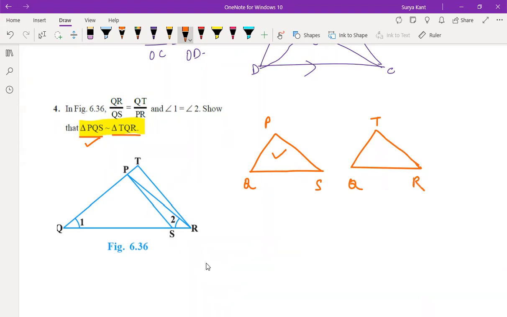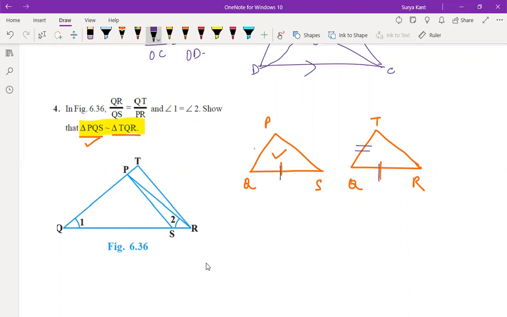QR by QS is equal to QT by PR. So PR is not here in the diagram, right?